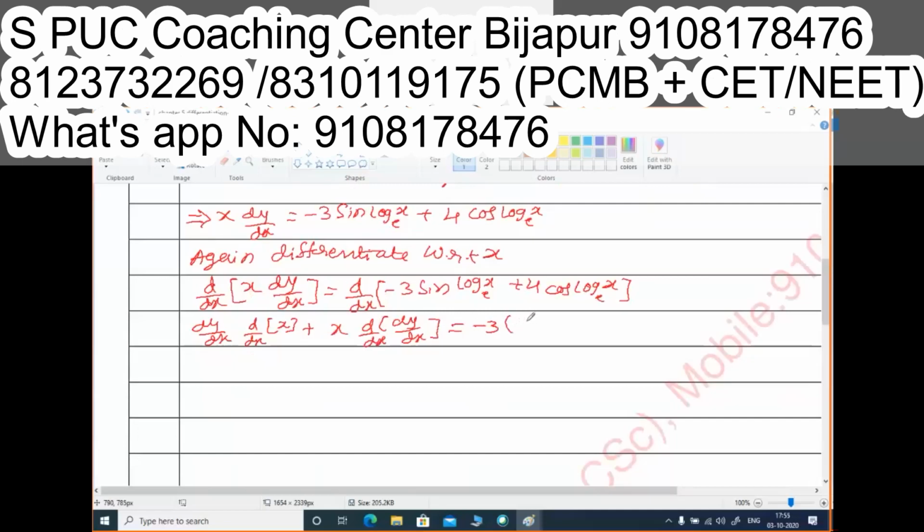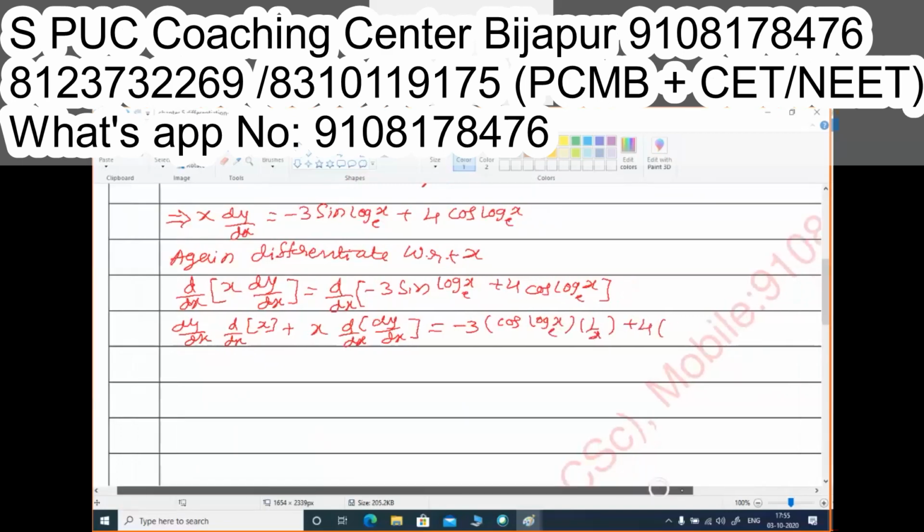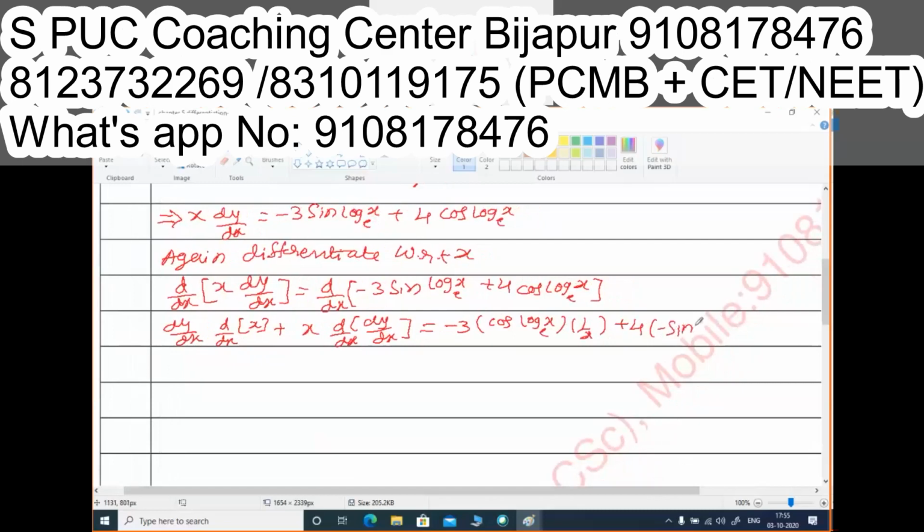Sine differentiation is cos of log x to the base e into 1 by x, plus 4 of minus sine log x to the base e into log x differentiation, which is 1 by x. Take the denominator term common here, and thereafter on this side also differentiate, write it and tell it to me.